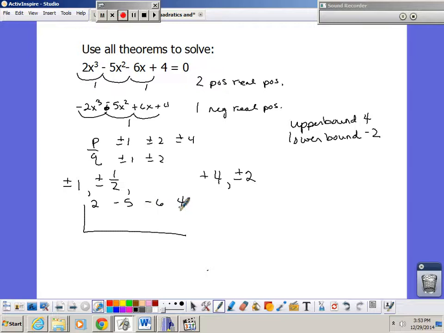And remember, I'm looking for 2 positive and 1 negative. So as soon as I find my negative, I don't have to try any of the negatives anymore. Positive 1: 2, 2, -3, -3, -9, -5. So 1 doesn't work. Let's try -1.